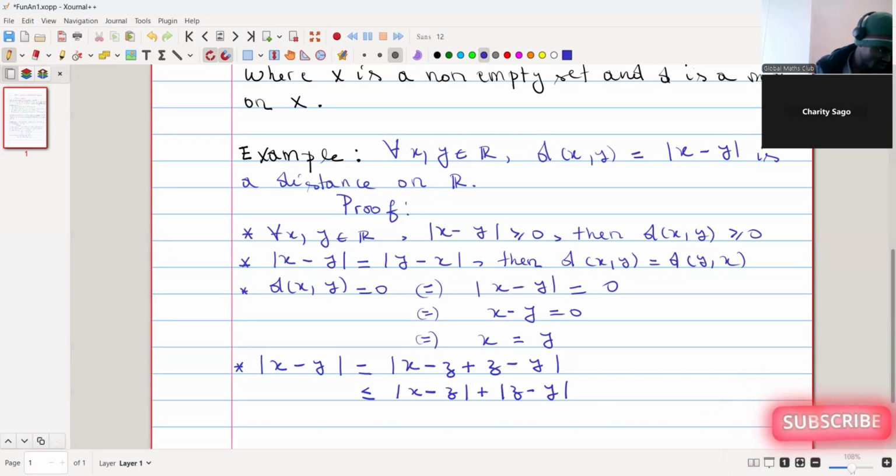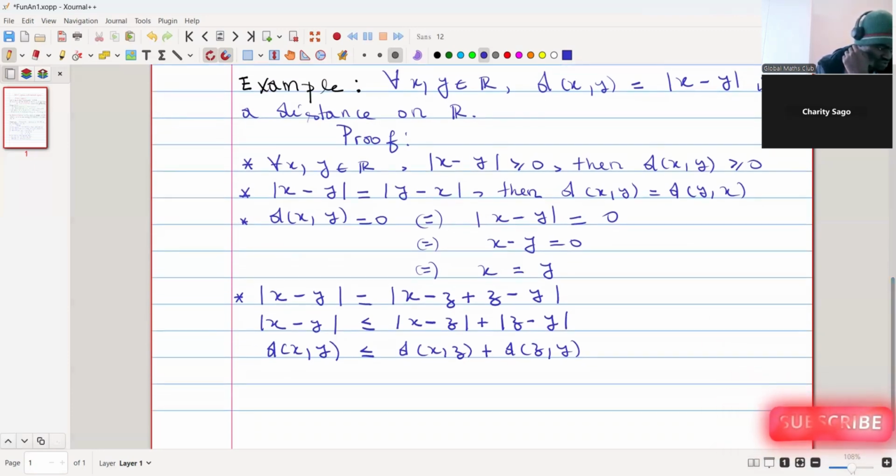The absolute value of x minus y, which is the distance between x and y. And on the right-hand side, we have the absolute value of x minus z, which is the distance between x and z, plus the distance between z and y. Then we have shown the third property.